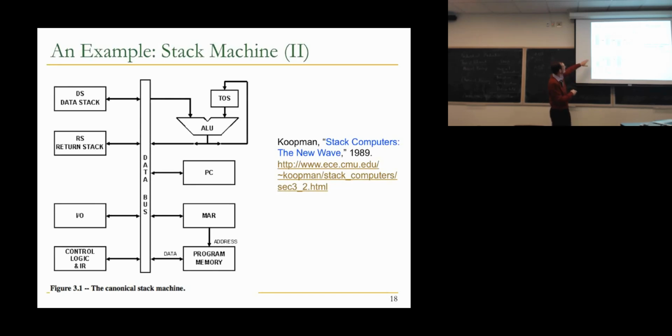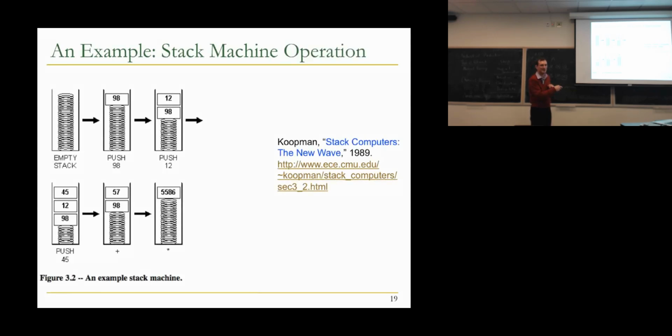Let me give you an example. Again, this is from that book. Initially, you have an empty stack. If you want to do some computation, you push 98 to the stack. That takes the value from a memory location and pushes it on top of the stack. The stack is a hardware stack, which is different from memory.